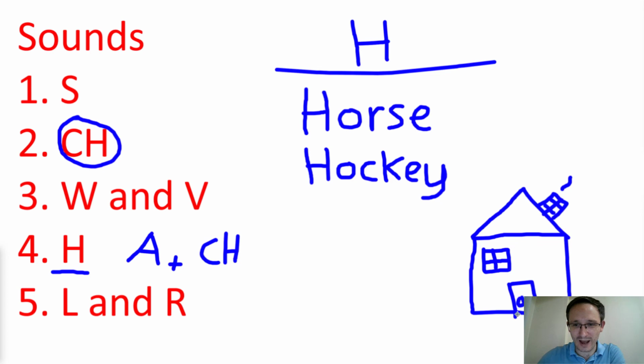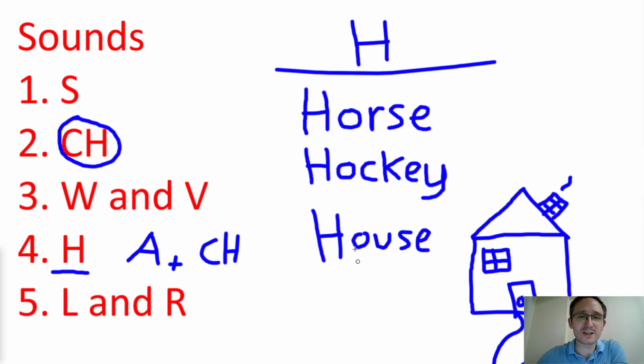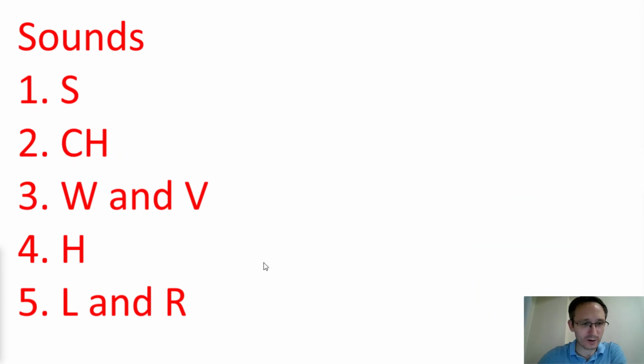Yeah, so here we have a house. Well, that's not that good. House. Ooh, that U is not very good. House. So we have horse, hockey, house. Okay? Good.